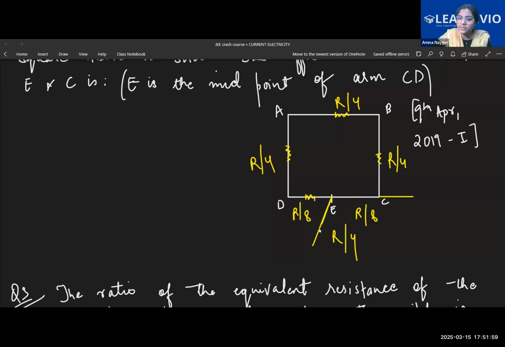This is one end of the battery, E point. This is one straight wire till here, and between the E point and C point, there is another resistor connected like this. Can you now figure out the parallel and series combination?